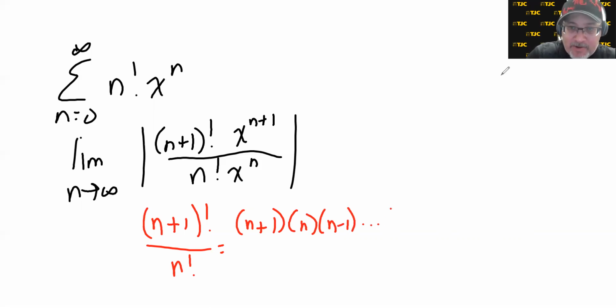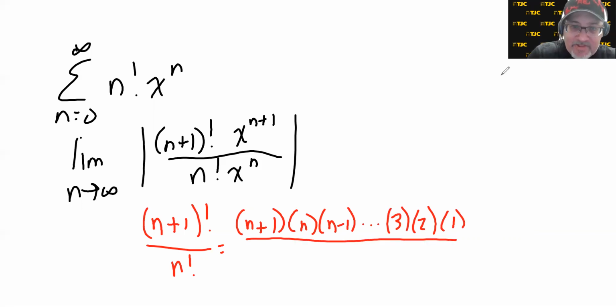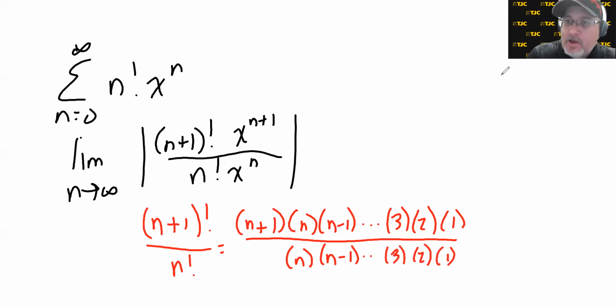And then you go all the way down to 3, 2, 1. And then the same thing with n factorial. It starts with n. The number 1 less than that is n minus 1, all the way down to 3, 2, and 1. When you take a ratio of consecutive factorials, you get a mass cancellation, and all you're left with, in this case, is n plus 1.